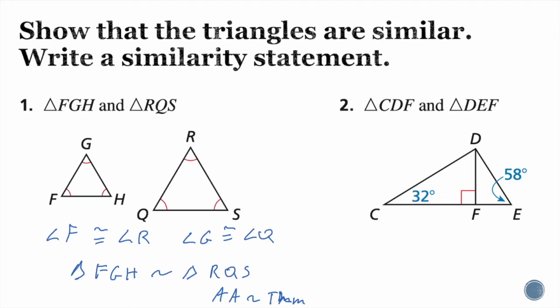For number two, we need to know the triangle sum theorem once again. And you should have come up with the measure of angle CDF is equal to 58 degrees, and the measure of angle DFE is equal to 90 degrees.